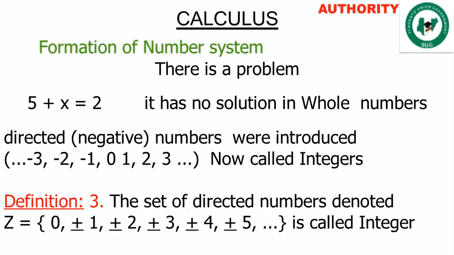Now we have formed 3 number systems. The number systems that we have now are natural numbers, whole numbers, and then integers. Integers are the set of numbers formed by introducing negative numbers to the whole number system.